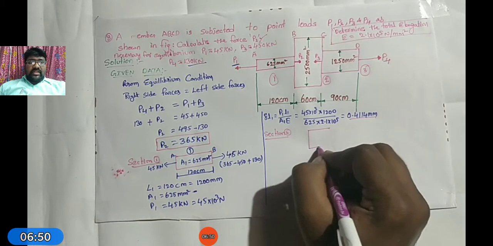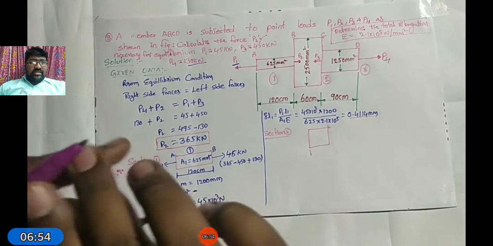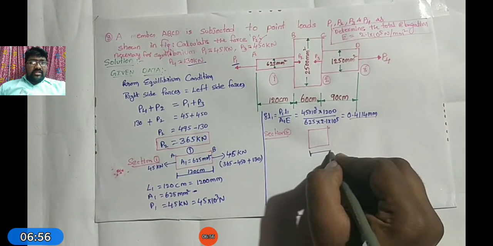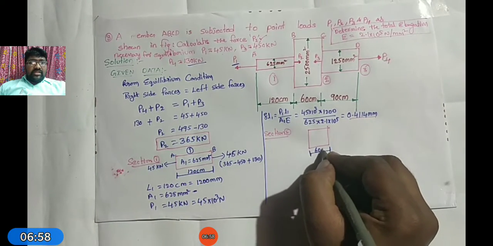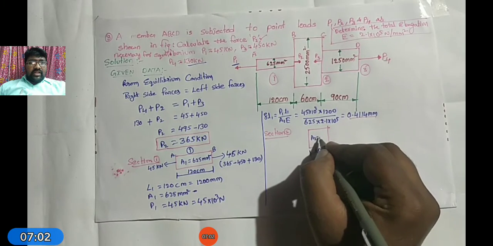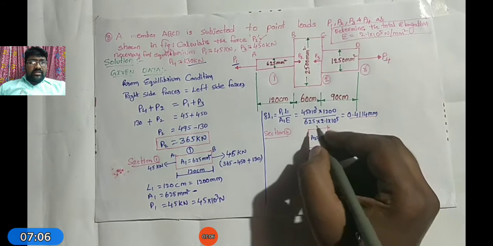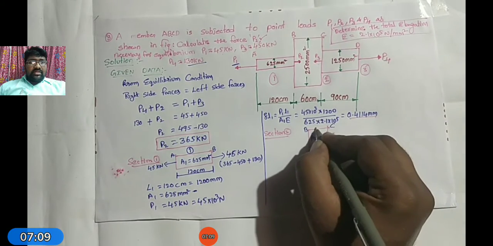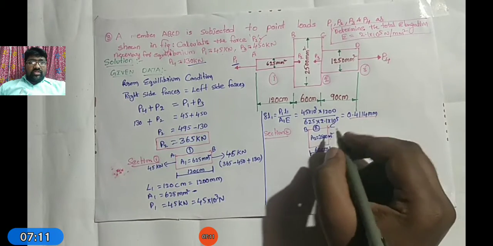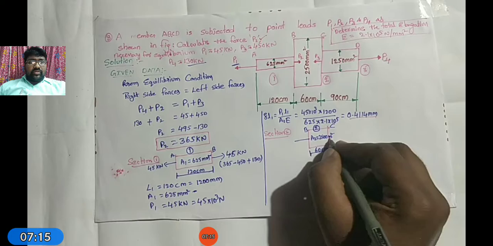Draw the section separately. Next, the length of the section is 60 centimeters. Area is 2500 millimeter square. Next, resolve the forces. Here, left side acting 2 forces and right side acting 2 forces.